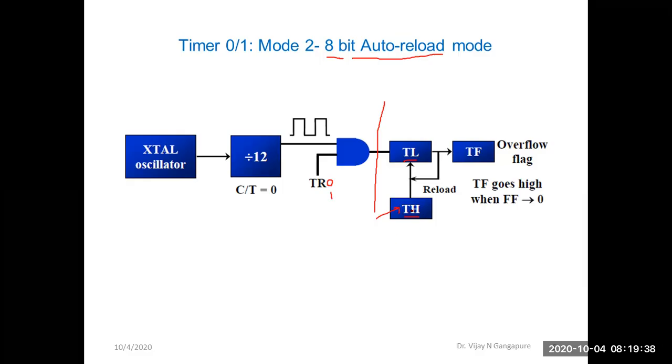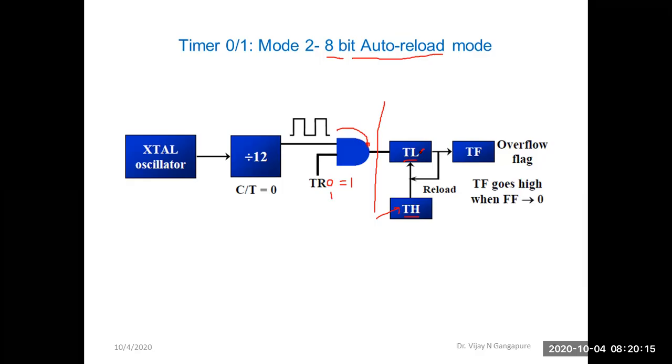Once we load that initial count into TH, it will automatically be loaded into TL. The same count will get loaded into TL. And when you turn on this timer, for example suppose we are using timer 0, if we set bit TR0, then this gate will be enabled and these pulses will start reaching the output of this gate. Each pulse will be applied to this TL register.